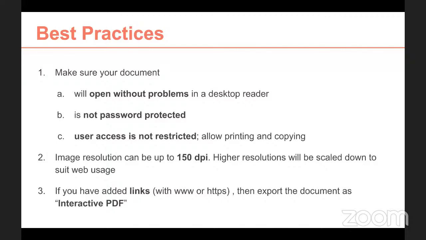If you have added any links to your document during the design phase, please make sure to export it as an interactive PDF. When I say incorporate links, it means that you've taken the text and converted it into a link. If you have added any buttons, for example, that will not work within our platform.